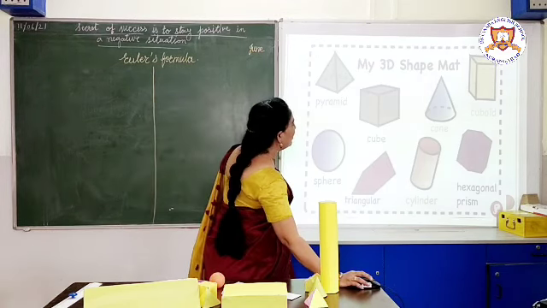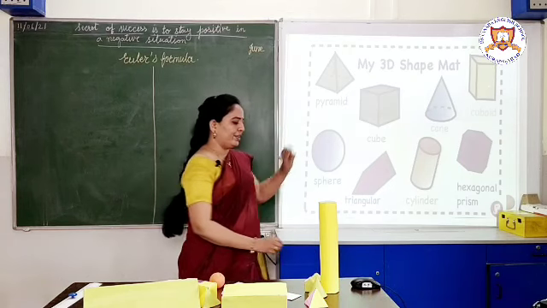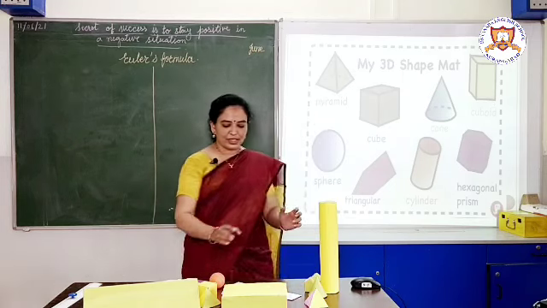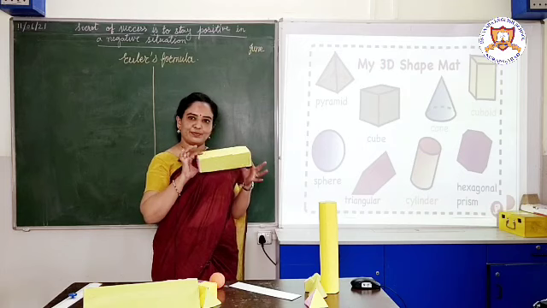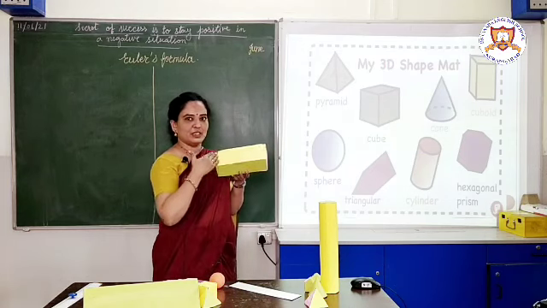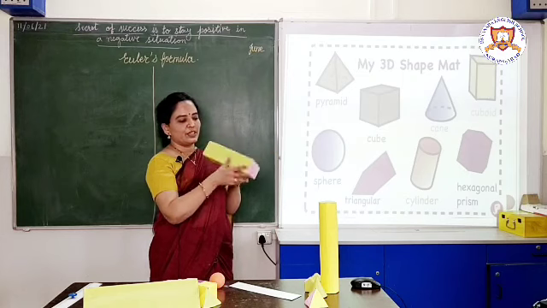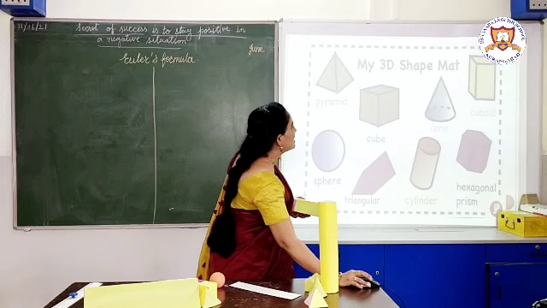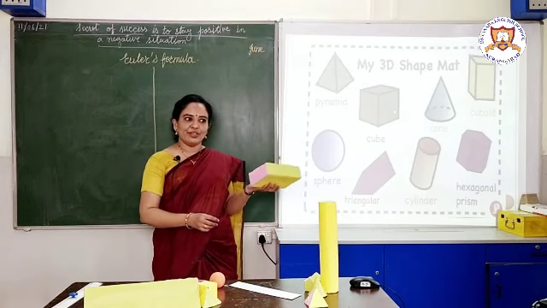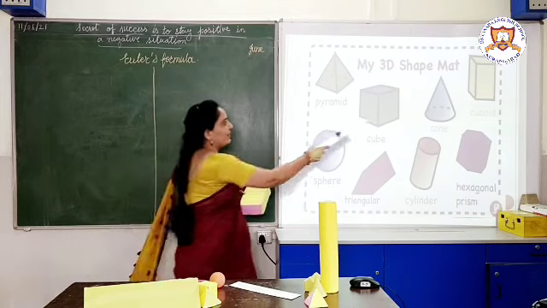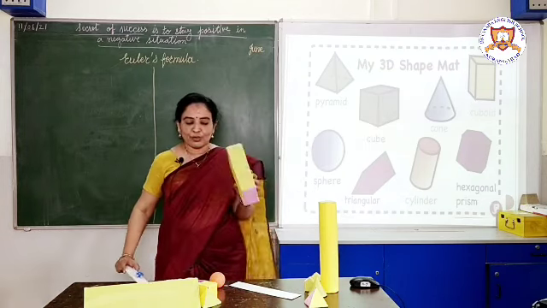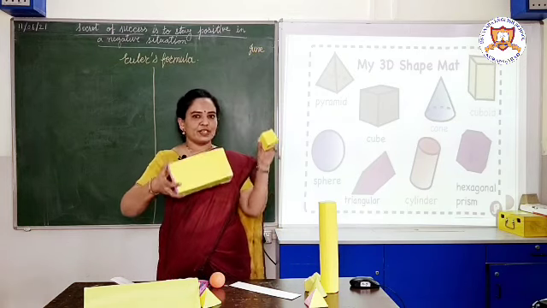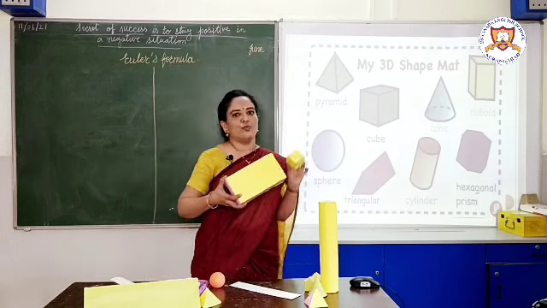First, see here, we will go for the cuboid. A cuboid has rectangular faces. See, this is a cuboid. All surfaces of this cuboid are rectangular. Now this is the cube. You know this cube very well. Now what is the difference between cube and cuboid?